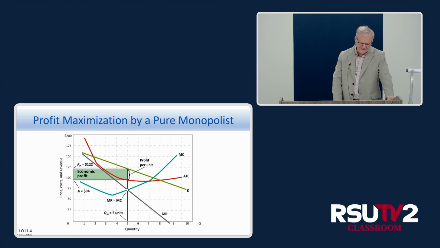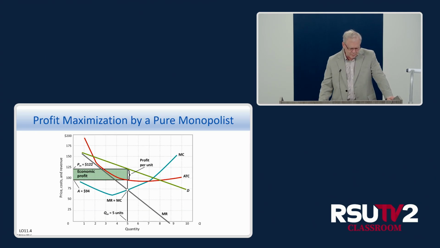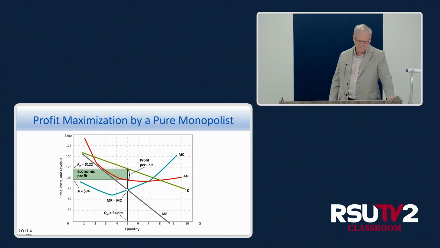Okay, whew, that's a lot of words, but that's what we did here. We found this distance here, okay, and then you multiply by Q. Or what they'll tell you is find the total revenue, which is the big rectangle, and subtract the little rectangle. I guess that's kind of what we do. You do it either way, okay? Do it either way.